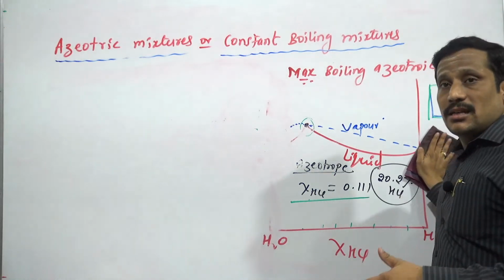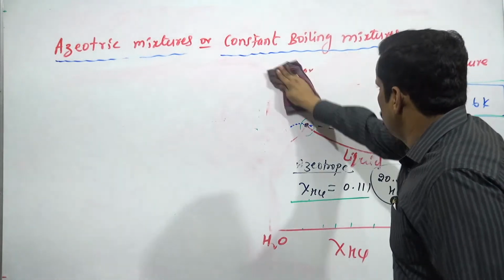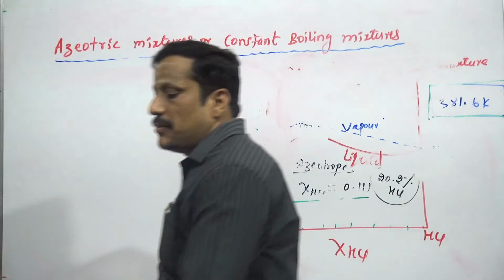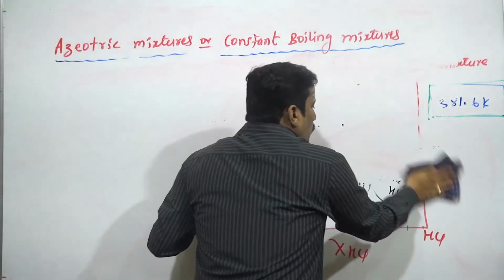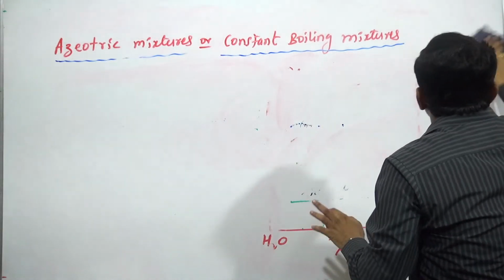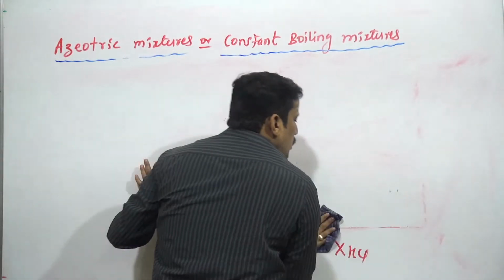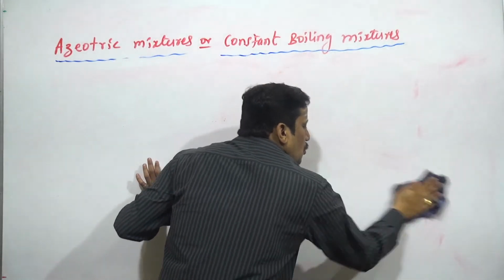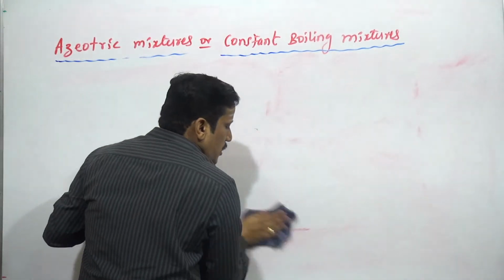Other percentages are not called azeotropic mixtures. That is why I am now giving some examples for azeotropic mixtures. If you know that table, it is sufficient for NEET and JEE level, the minimum boiling and maximum boiling azeotropic mixtures.